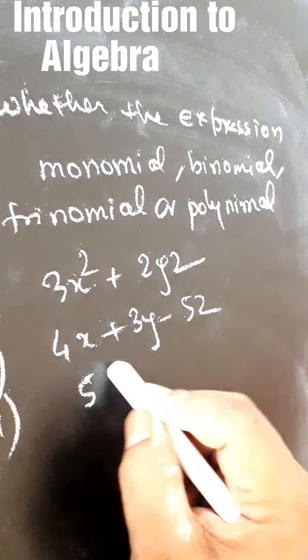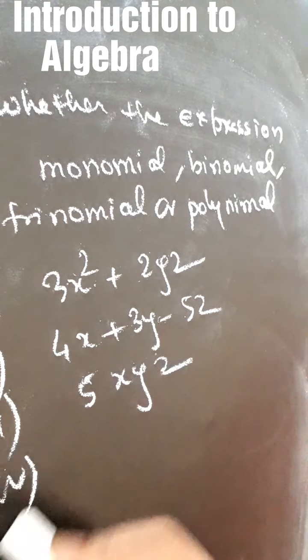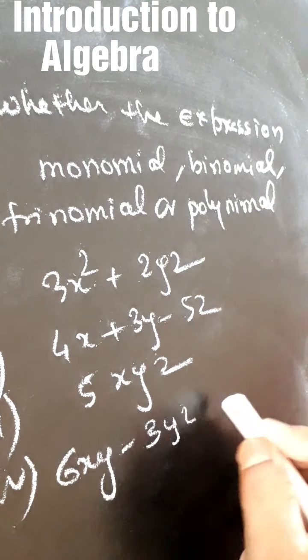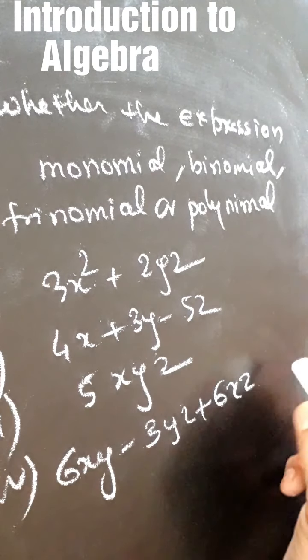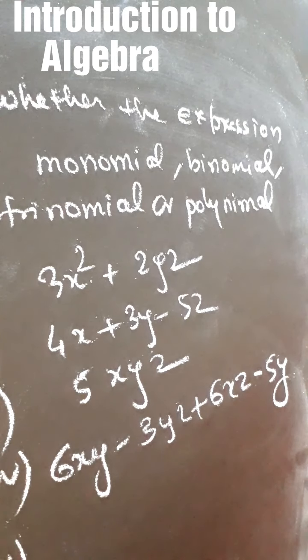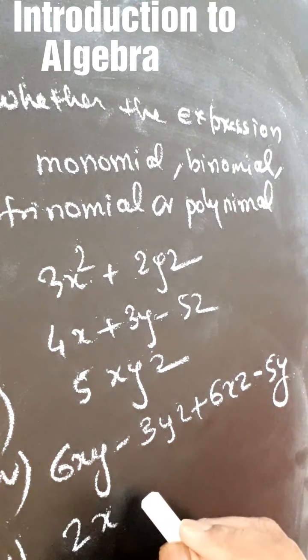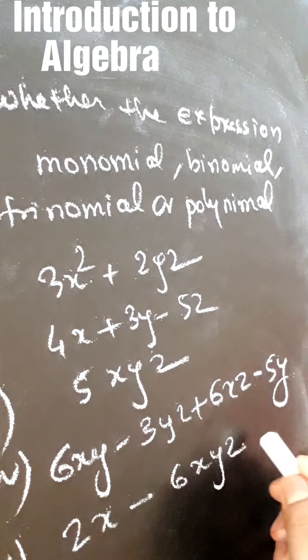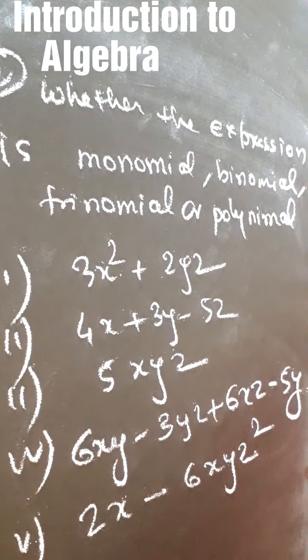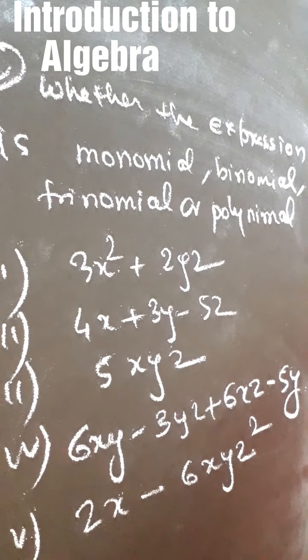Third is 5xyz. Fourth one is 6xy minus 3yz plus 6xz minus 5y. Fifth one is 2x minus 6xyz square. This was the second question in which we have to tell whether it is monomial, binomial, trinomial or polynomial.